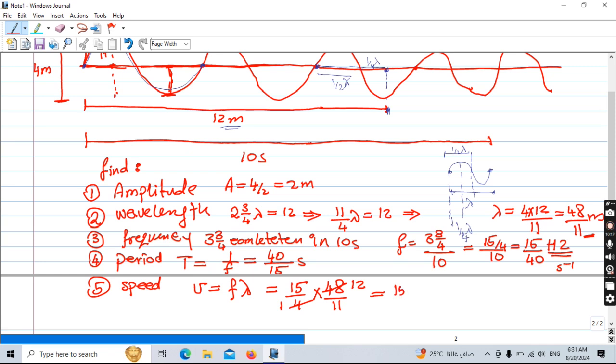So it is 15 times 12 divided by 11. You work out the number with a calculator and you get the answer. Since frequency is given in hertz and wavelength in meters, what you get out of the calculator when you multiply this out is the answer in meters per second. Thank you.